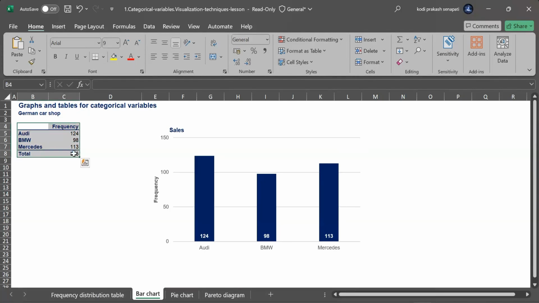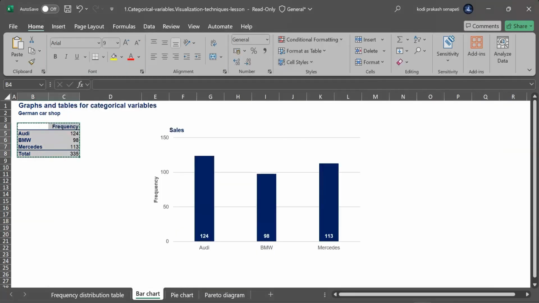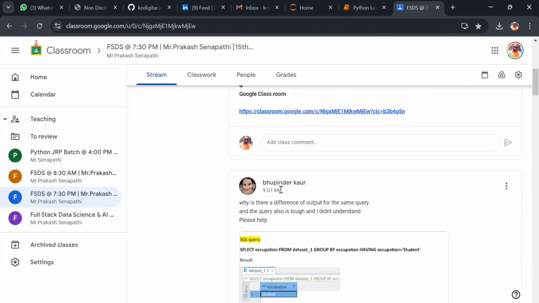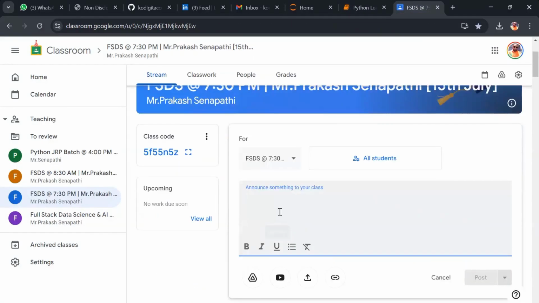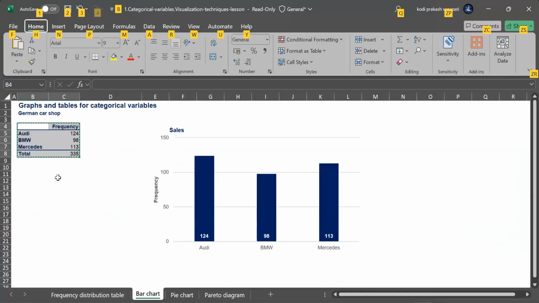So let me copy, and I'll go to, where are your class notes? Just one moment. This here. This is weird. So I will upload these sheets, guys. I'll upload this sheet, you can try this.